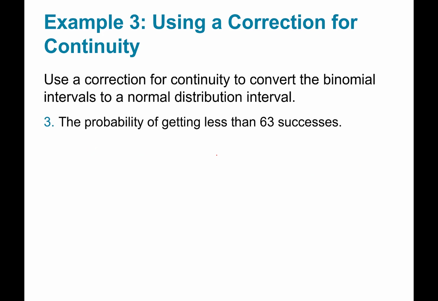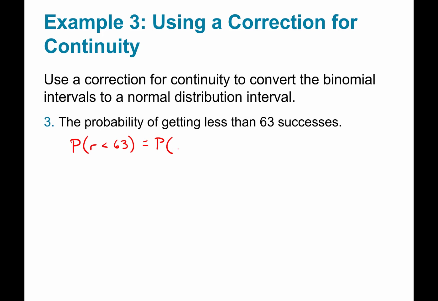Let's look at one more example: the probability of getting less than 63 successes. So strictly less than. This is the probability that r is less than 63. First thing to check: do we have equality? We still have to get equality, just like we did back in chapter 5. In this case, we have just strictly less than 63, so we want to rewrite this so that it's less than or equal to something.